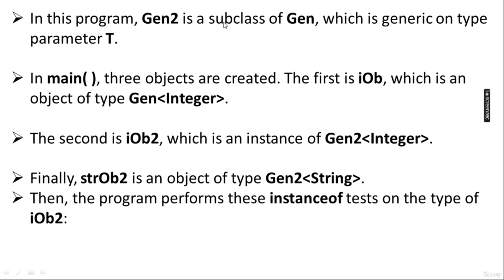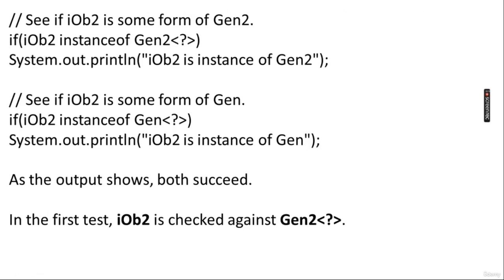And third is strOb2, the object of type Generic2 String. Then the program performs this instanceof test on the type of iOb2: iOb2 instanceof Generic2 question mark. Then iOb2 is some form of Generic2? Yes.